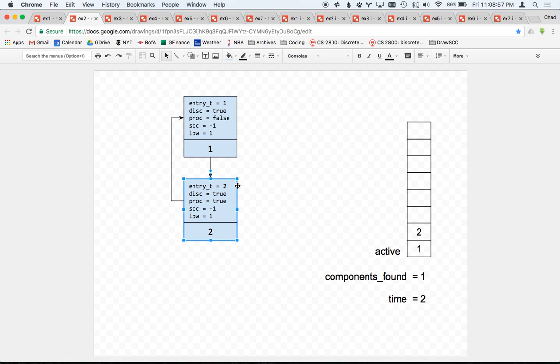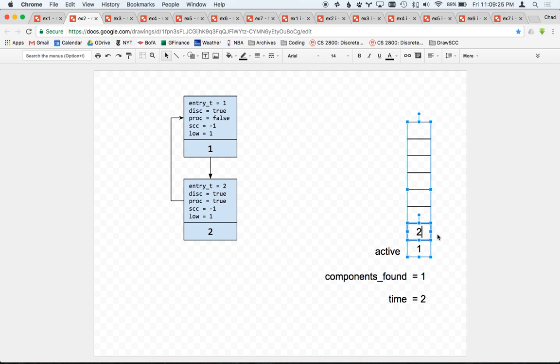But we know that all of the vertices past vertex 1, from those vertices, you can always get back to vertex 1 in some way. And again, we'll deal with more complicated examples in just a moment, but for now it should be clear that we can get back to vertex 1 from vertex 2 because we discovered this back edge. So it's appropriate for vertex 2 to be in the same strongly connected component as vertex 1.